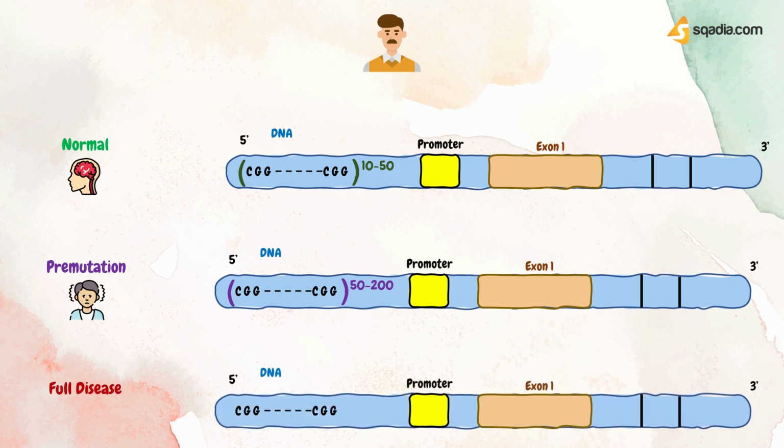Full disease occurs if the number of repeats of CGG is 200 to 2000, which leads to moderate intellectual disability.